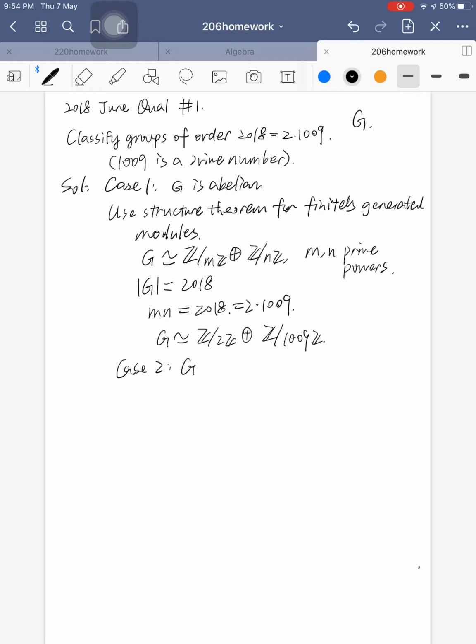And case 2, suppose that G is not abelian. Then of course G is not cyclic, which means that G has no element of order 2018.